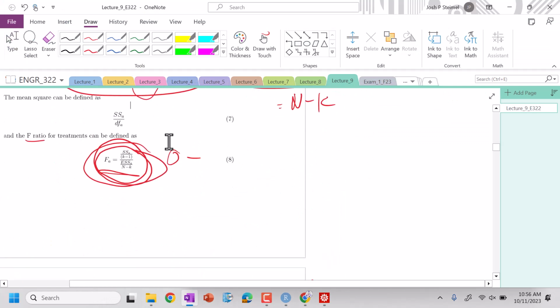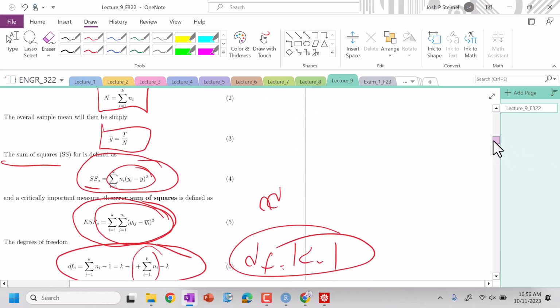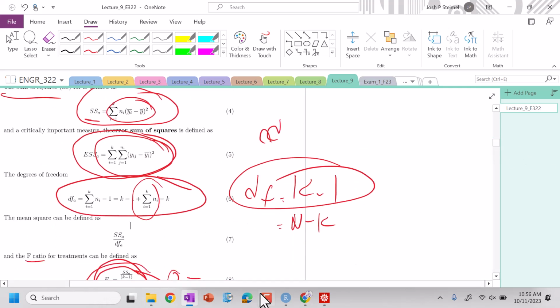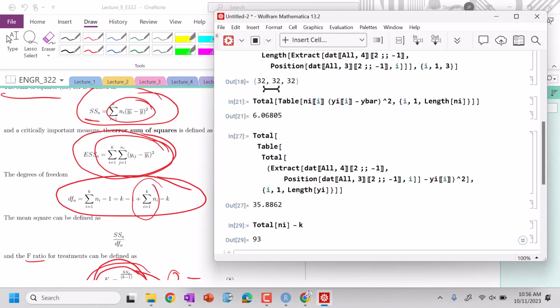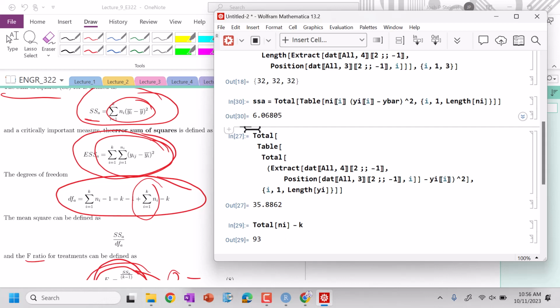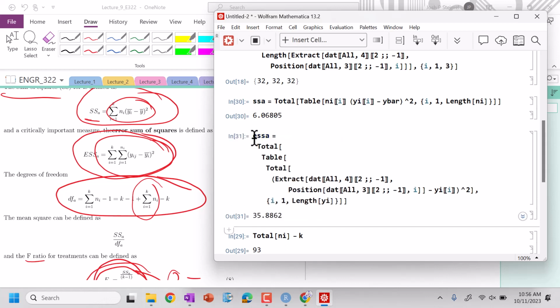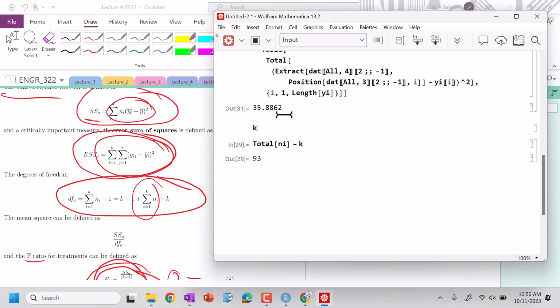Now, I can do the mean square. I can take my sum of squares of A. So I'm going to define this now: SSA. I'm going to call this ESSA. DFA equals k minus 1.